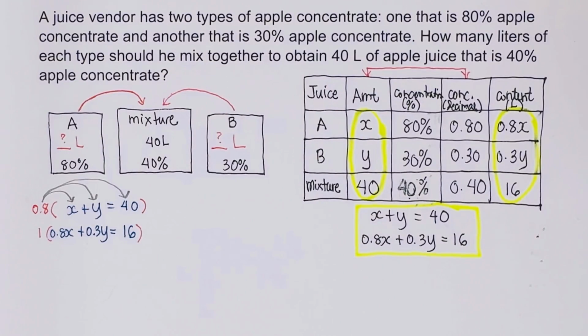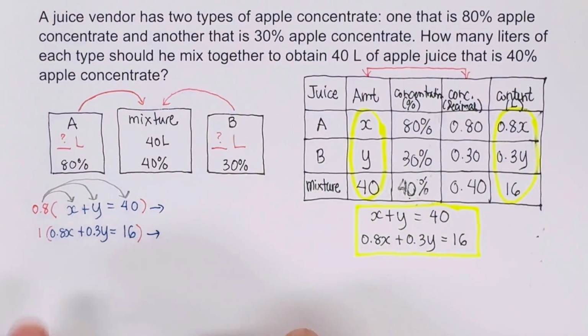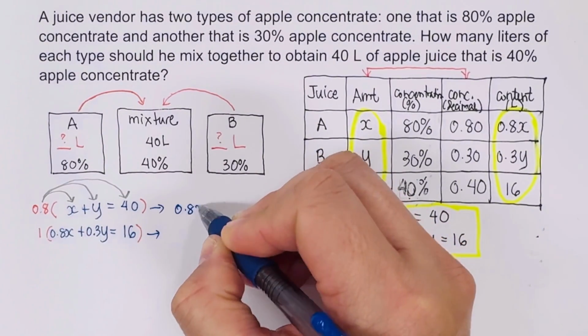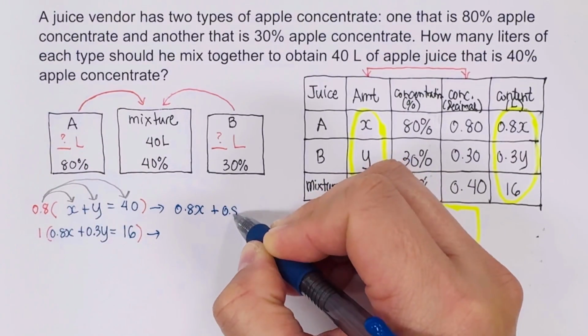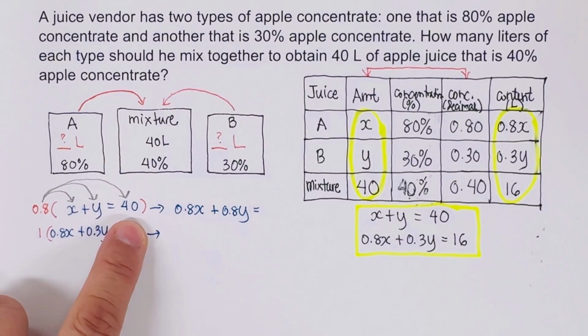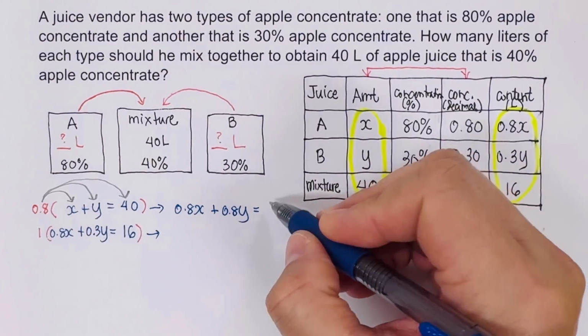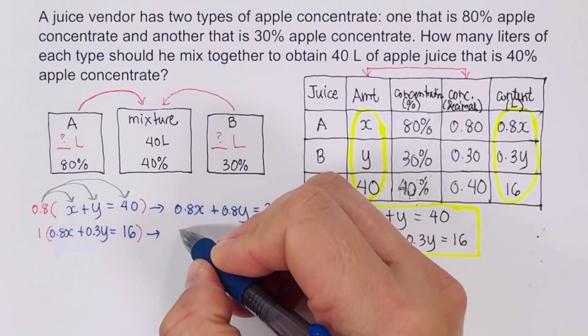So 0.8 times x is 0.8x, plus 0.8 times y is 0.8y, and that is equal to 0.8 times 40, which is 32. And then we keep the second equation the same because it's multiplied by 1.